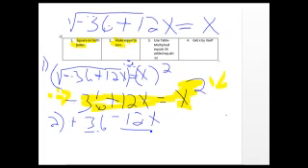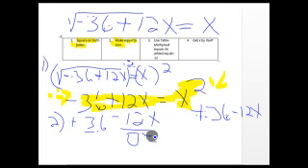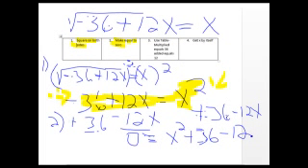Let me do the whole thing out here: plus 36 minus 12x. So you have 0 equals x to the second plus 36 minus 12x. That's step 1 and 2.